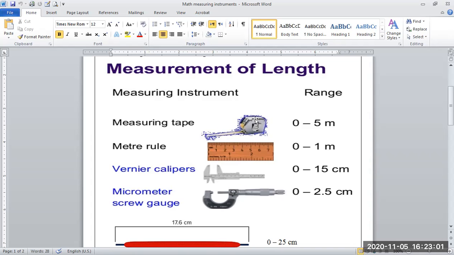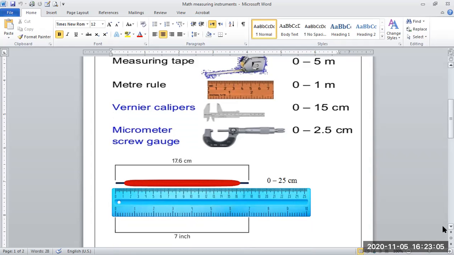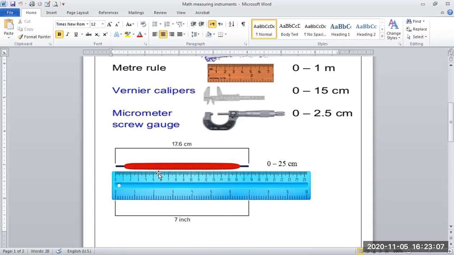Mostly we use this meter rod and ruler that you have in your bag all the time. Look here, we measure this from 0 to 25 centimeter. Look, this is 25 centimeter. From here it starts at 0, here 1, 2, 3, all the way till 25.